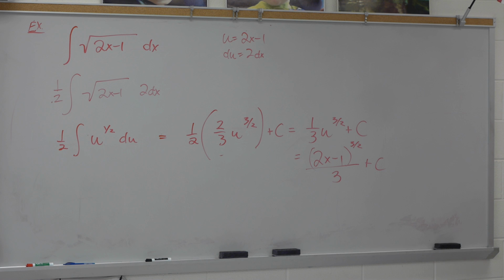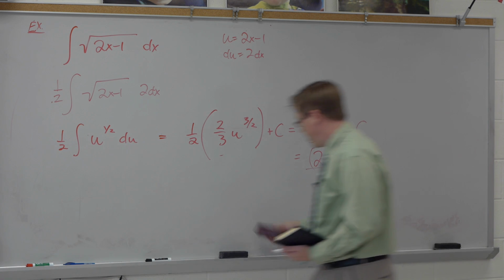So nothing complicated at all about that one. I just wanted to give you an example with a rational exponent. Now the next one we're going to do, the substitution step, is a little bit more complicated. And it looks very similar to this problem. Any questions about this one? Okay.